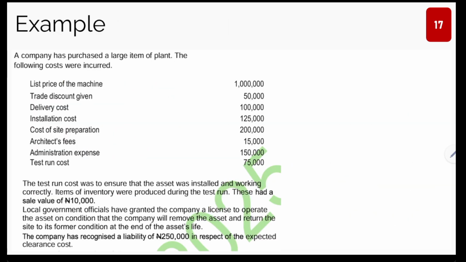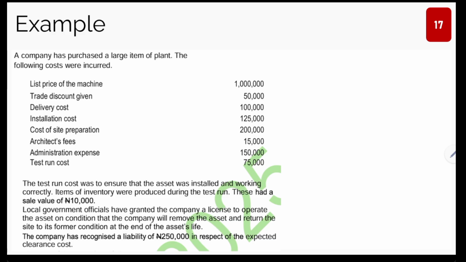Okay, so let's go. A company has purchased, as an example, a large item of plant. The following costs were incurred. It has a list price and all of these. Then additional information says the test run cost was to ensure that the asset was installed and working correctly. Items of inventory were produced during the test run. These have a sales value of 10,000 naira.